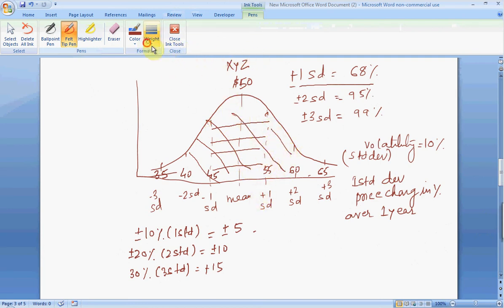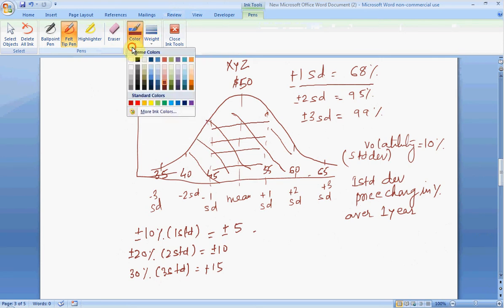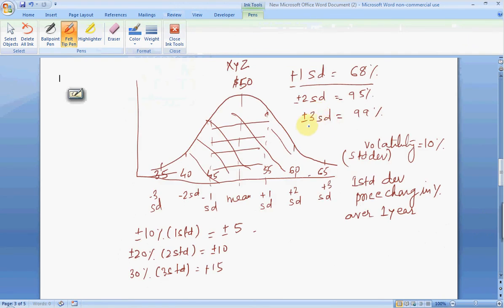And if I take the third property, 99% of the occurrences will be within 3 standard deviations of the mean. That means that over a period of 1 year the price of XYZ would remain between $35 and $65.